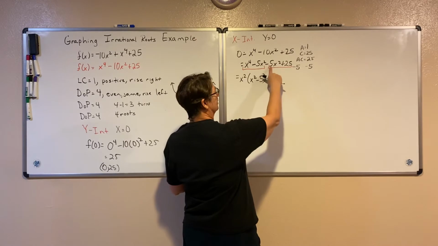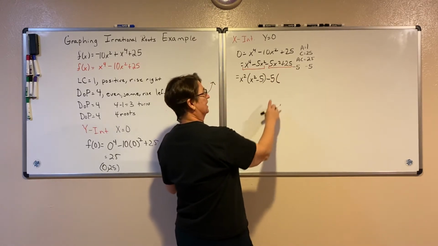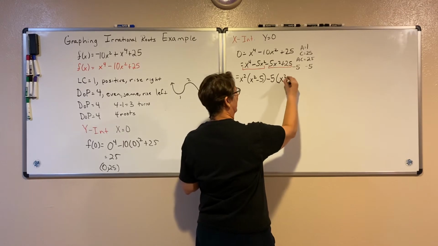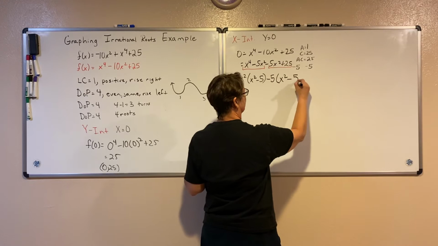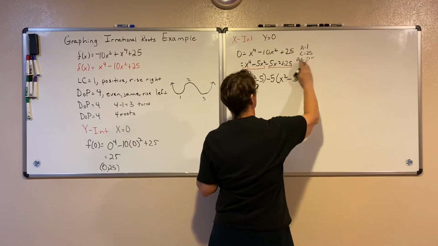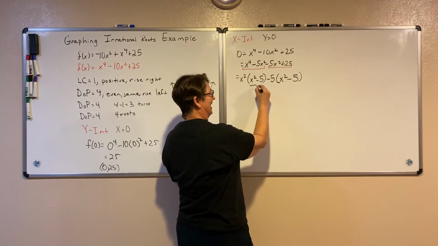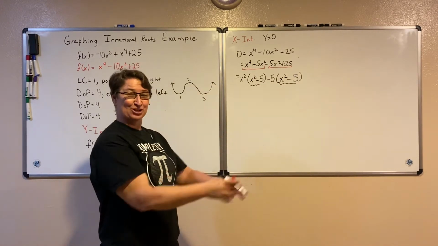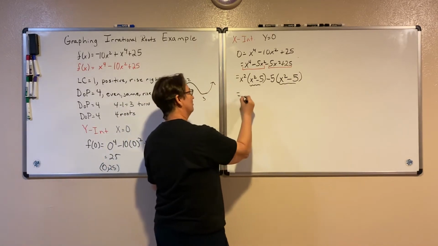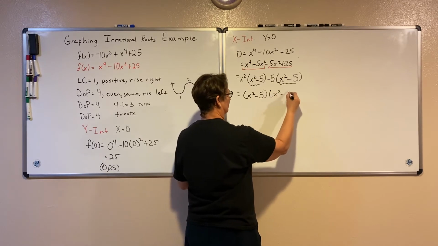Their greatest common factor is a minus 5, and it leaves me with an x squared. Because this was a minus, it changes that sign to minus 5. So when I factor it, look, they match. You've got an x squared minus 5 and an x squared minus 5. That's always great when they match. We can factor that out so that we have x squared minus 5 times x squared minus 5.